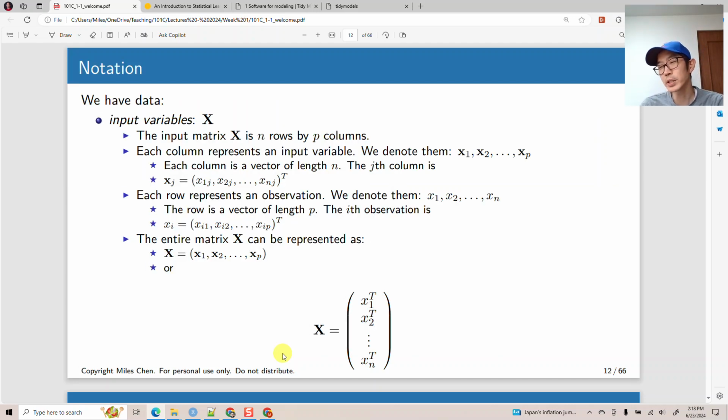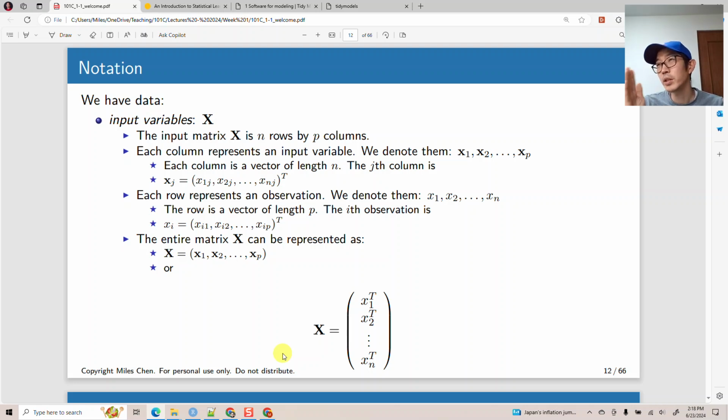Before we get into it, let's cover a little bit of notation. The idea in statistical learning is that you have inputs and you're trying to predict outputs. Our input variables are gathered in a big matrix called X. We have n observations, and each observation is a row, so we have n rows.